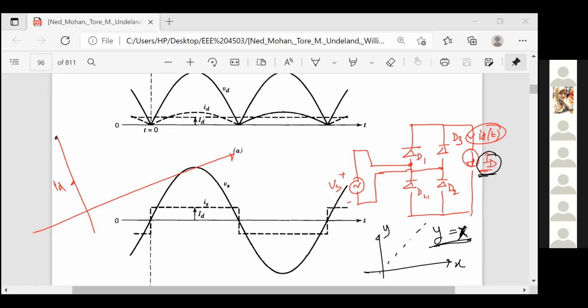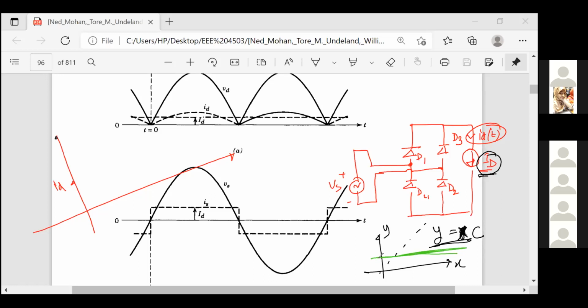If it is a constant, there is no gradient change. It will be a straight line parallel to the x-axis.